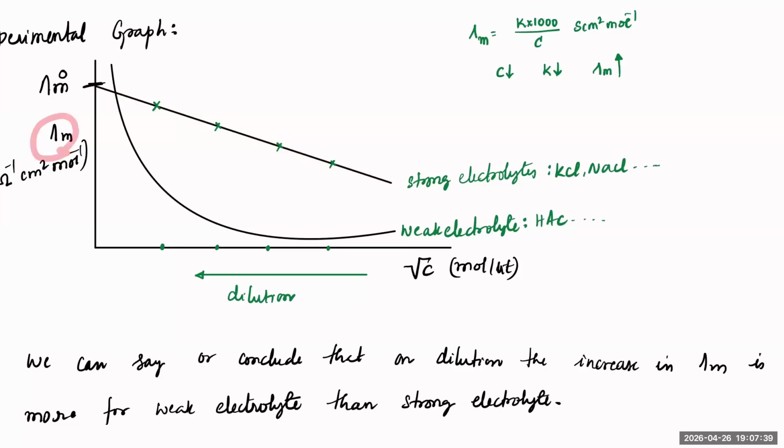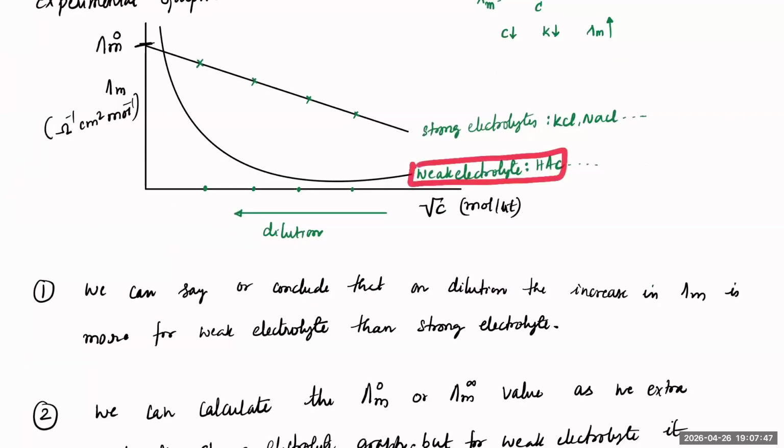Instead of c, now we are plotting with root c. But when it comes to weak electrolytes, at higher concentration, you will hardly see any change. Of course, it's not increasing, but I meant to say it will keep decreasing like this all the time. So this is for weak electrolytes.